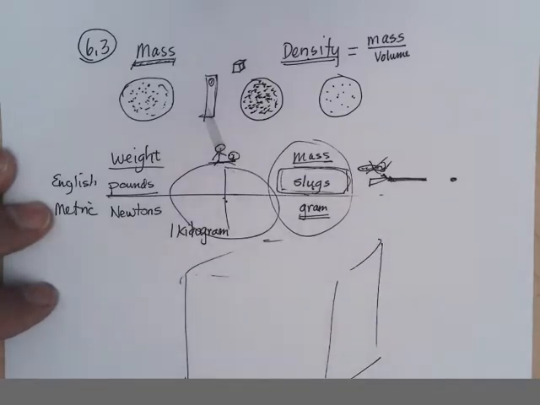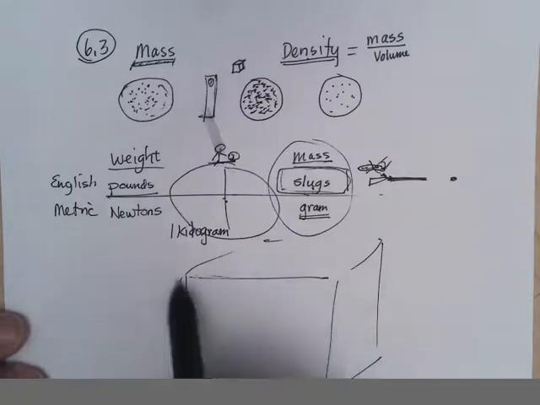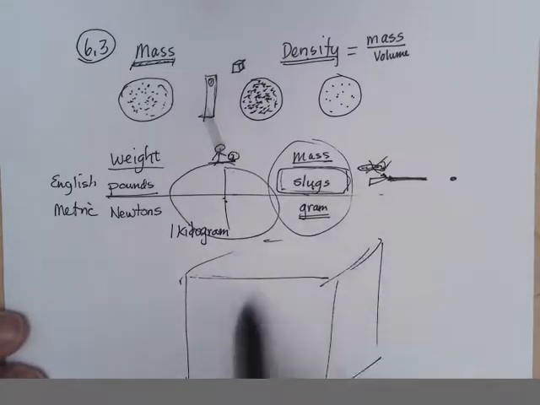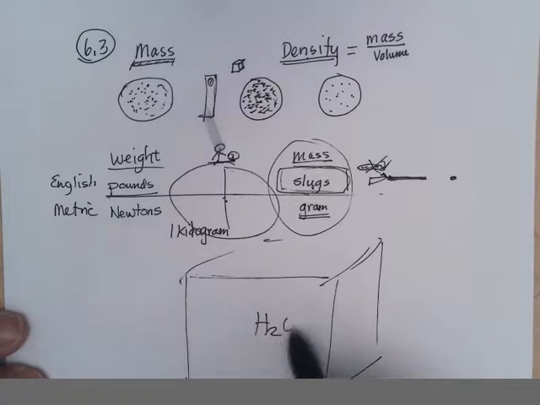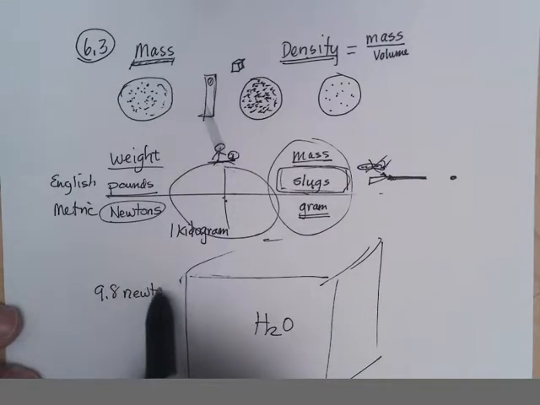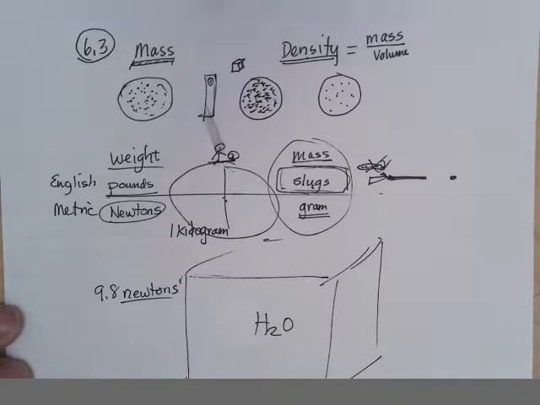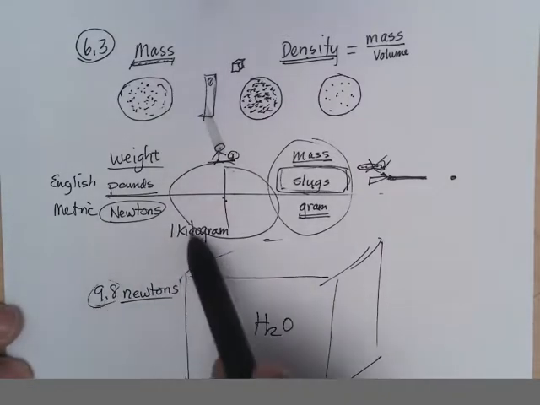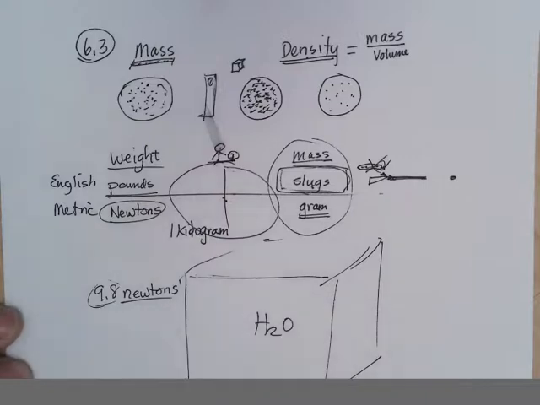That's kind of a standard for it. 10 centimeters by 10 centimeters by 10 centimeters of water has a mass of 1 kilogram, and if you were to pick it up, it'll weigh 9.8 newtons, named after Sir Isaac Newton. 9.8 comes from the acceleration due to gravity in the metric system. So 9.8 times 1 is what 1 newton is.